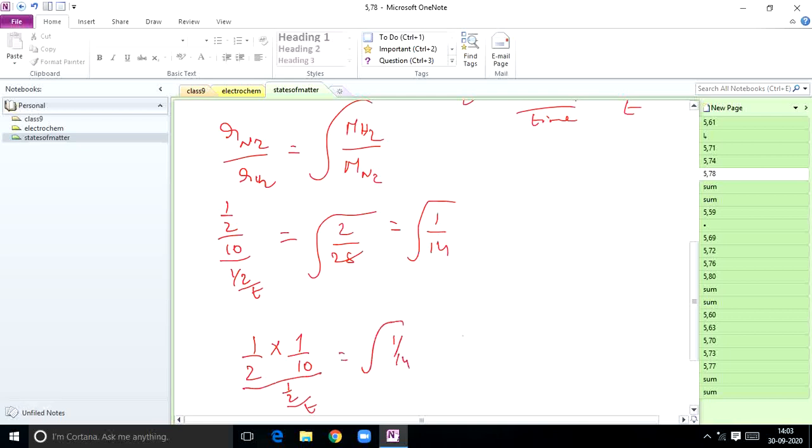Solve this one. So you should get the time. You have to do this much in hours, and you can convert into minutes if you want, by multiplying by 60 minutes. So you'll get 16 minutes. Okay, students, we'll discuss in the next class. Thank you.